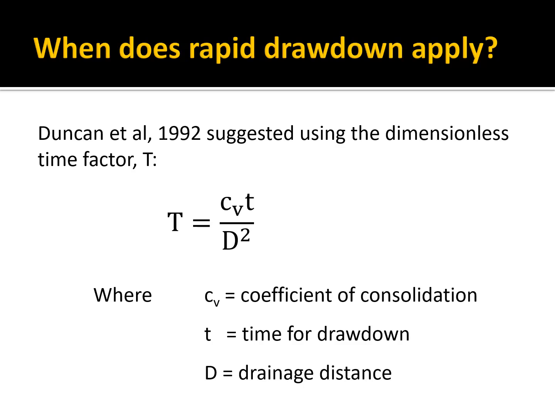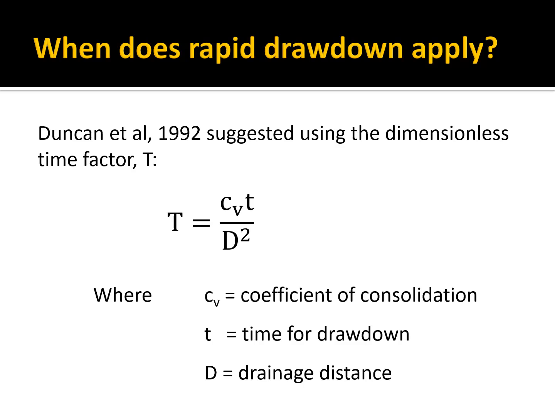It's the compression of a soil under an applied load. And there's this dimensionless time factor, and it's the product of the coefficient of consolidation multiplied by the time elapsed and then divided by the drainage distance squared.